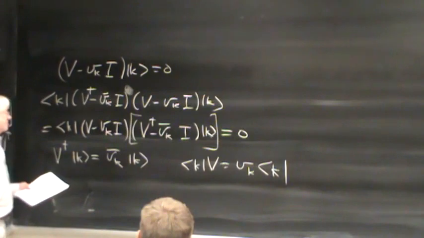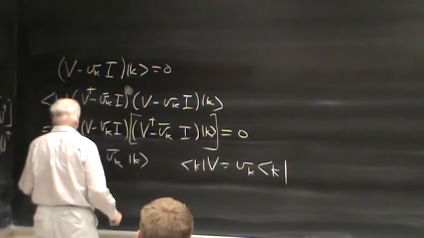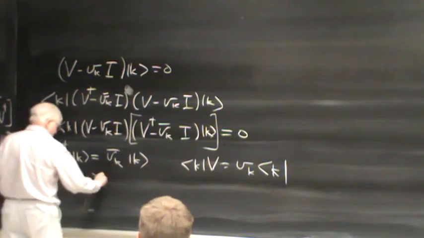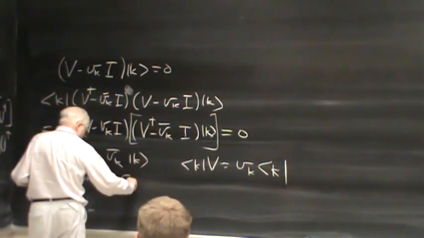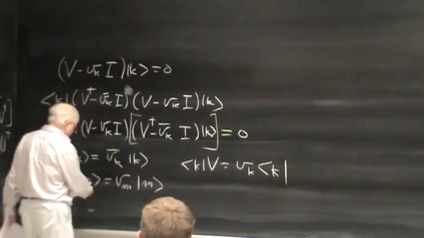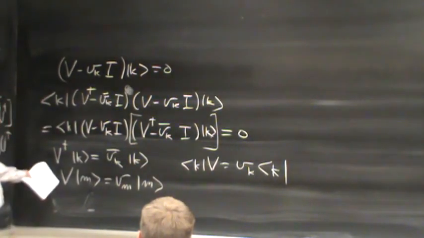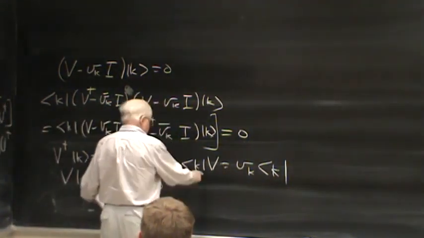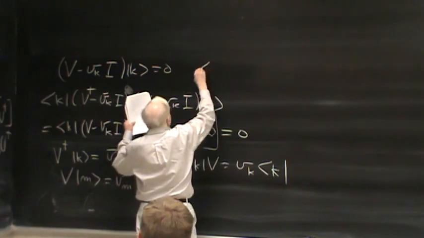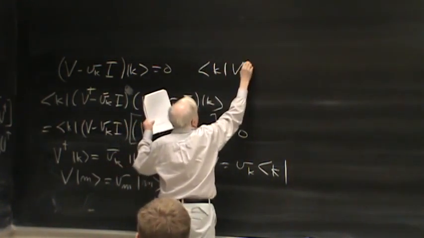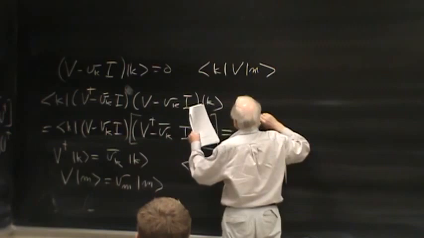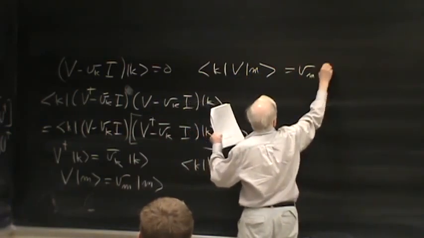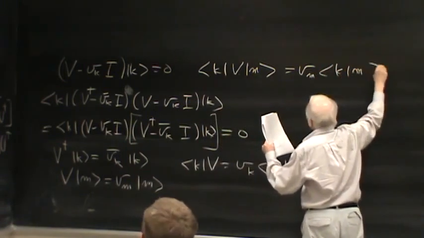Okay, now we play the same game as we had before with Hermitian operators. Suppose |m> is another eigenvector of the normal matrix V with eigenvalue v_m. So then we can form this bracket, and letting the V act on |m>, you get v_m <k|m>.